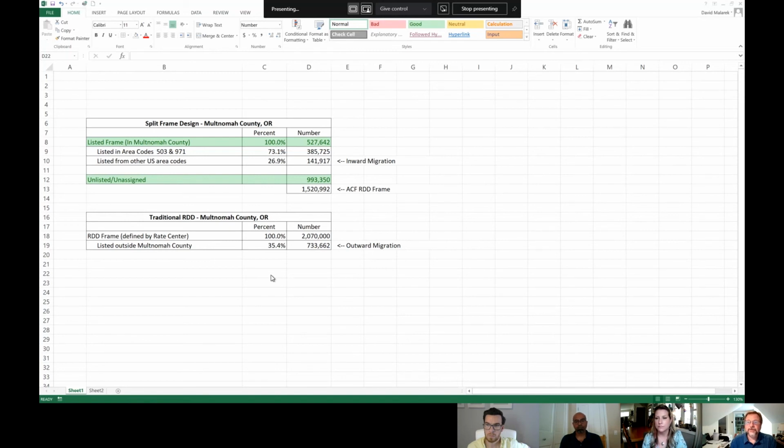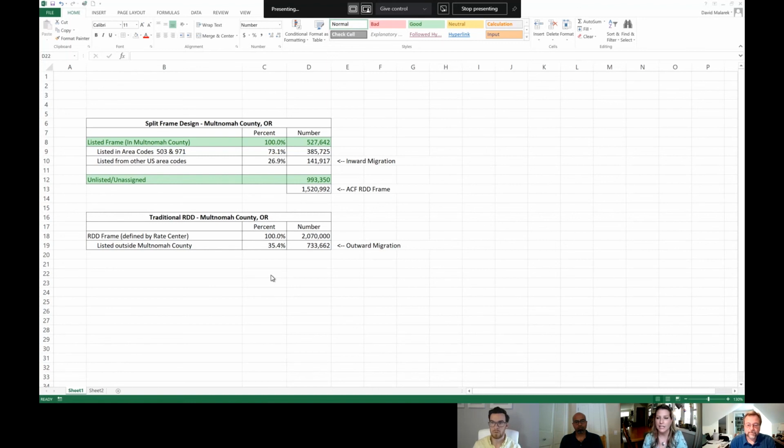A rate center can serve 4 or 5, a dozen different communities depending on where you are in the country, and if you just want to sample one of those communities, if you're doing a traditional RDD, you're still covering that huge geography and all the telephone numbers that fall into it. Whereas with ACF, at least for the listed portion, you can go right into that particular singular town that you wanted to sample and exclude the other towns around it.